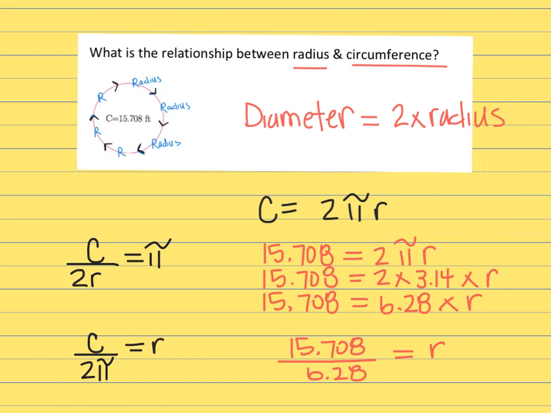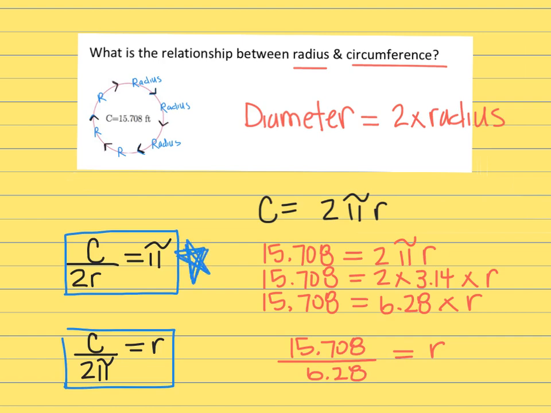Depending on what it's wanting you to determine, the relationship between the circumference and the other measurement on the circle, these would be the ways you could set it up. And again, this one is often used just so you can tell the relationship between the circumference and the radius.